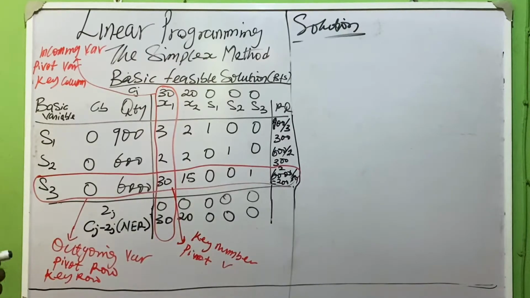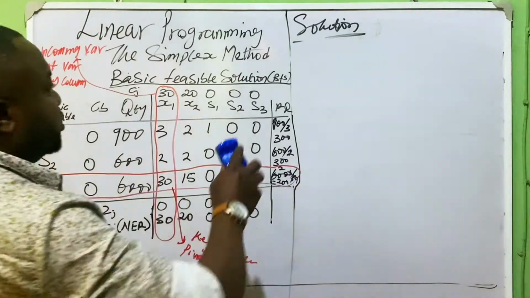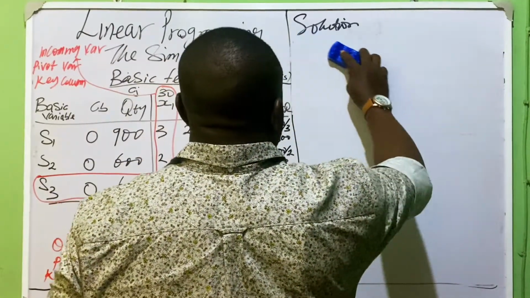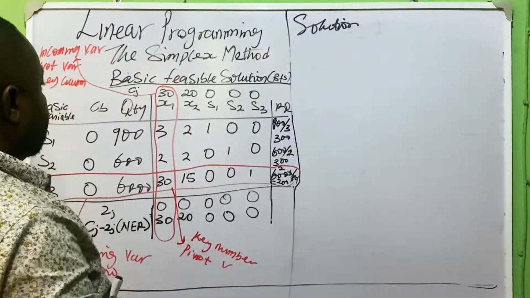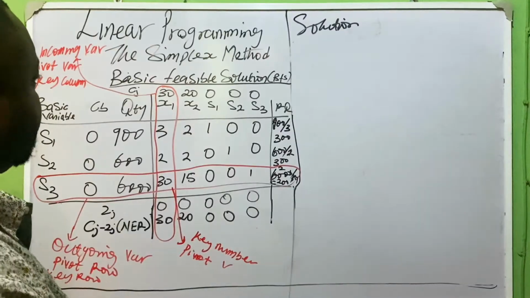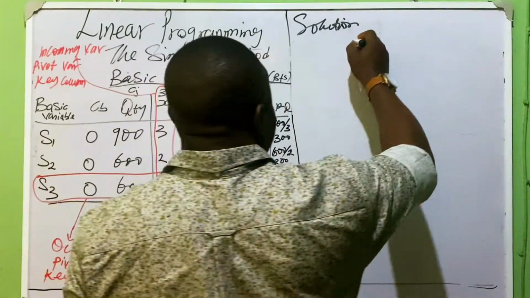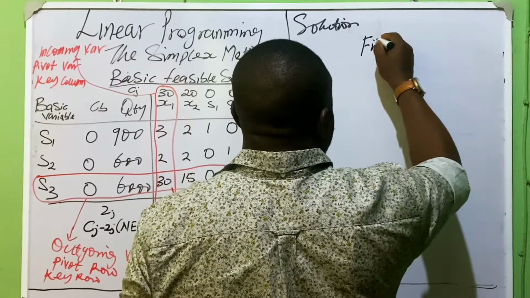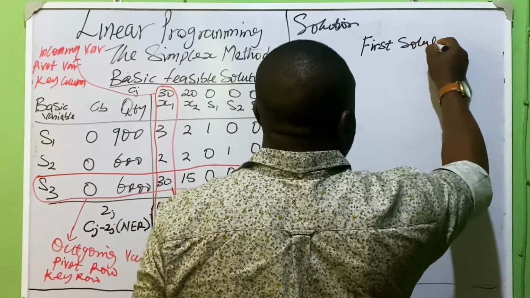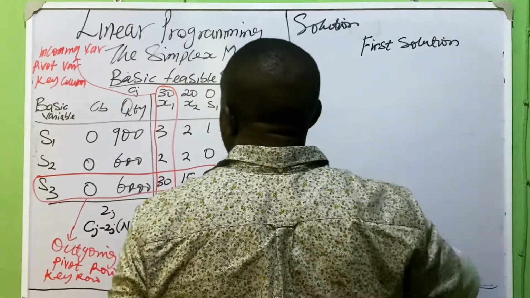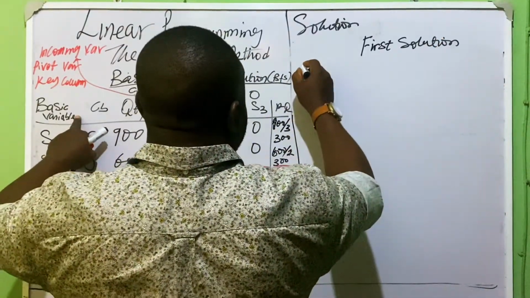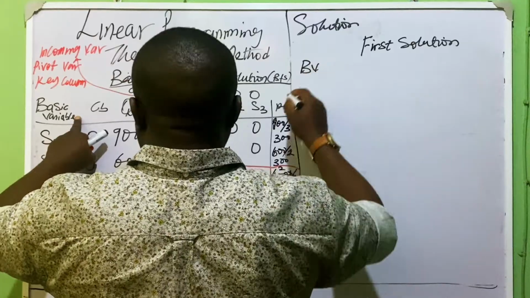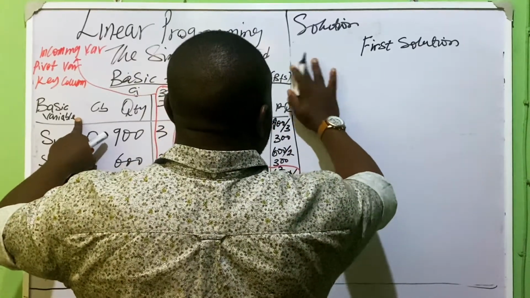So having determined all these things, we're now going to design our next solution. We're going to improve on what we have at this point. So the next one will be labeled the first solution, in which we're going to have our BV to stand for basic variable.